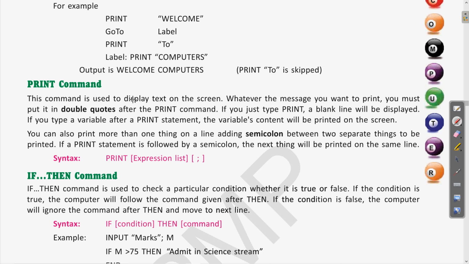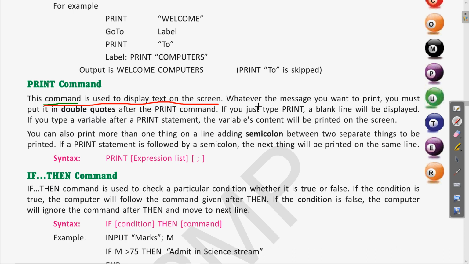So in case you are writing any program, and if you want to print something, you can use the print command for printing the value. Okay, let me change the color. So the print command is used to display the text on the screen.